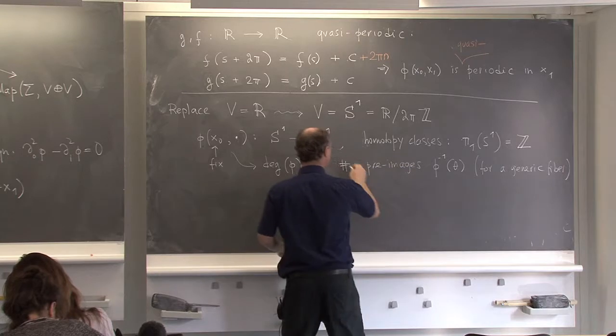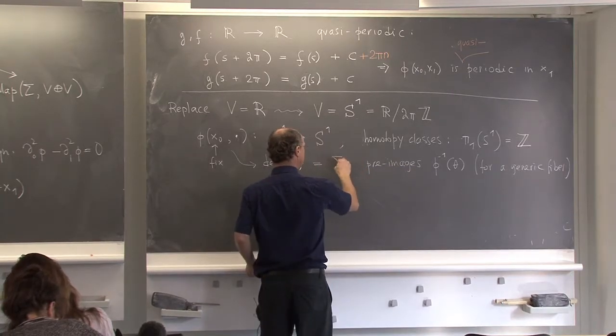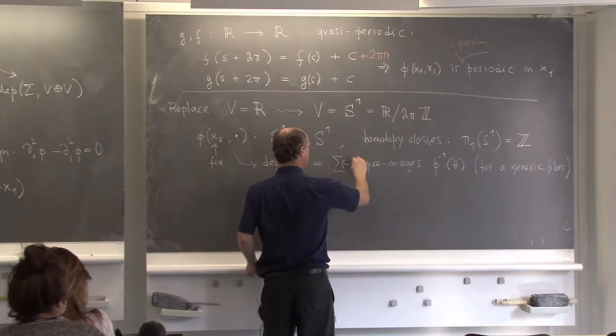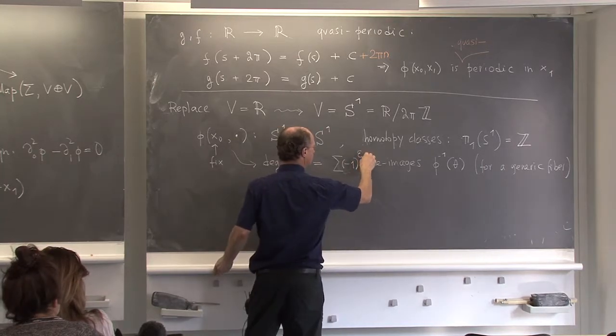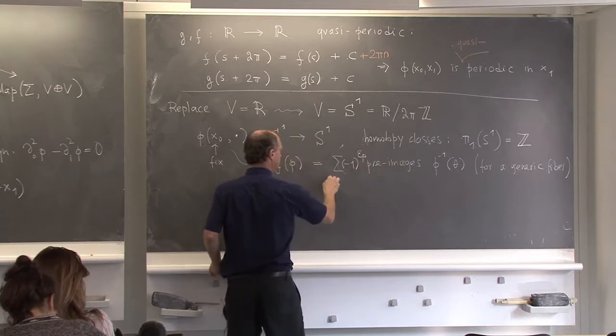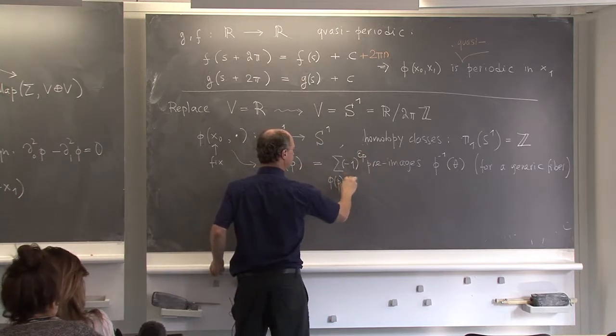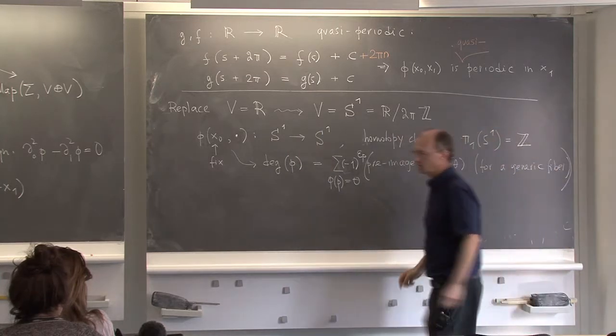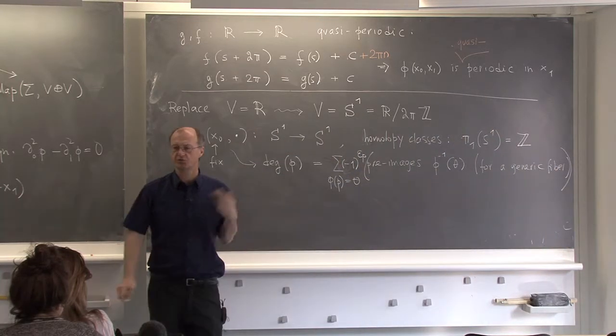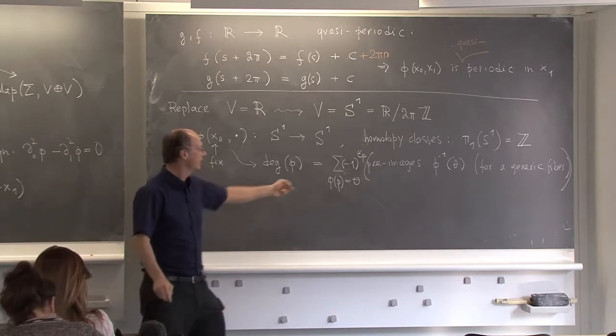And you take the sum of (-1) to the epsilon over p such that phi of p is equal to theta, right? So you consider pre-images of a given point.